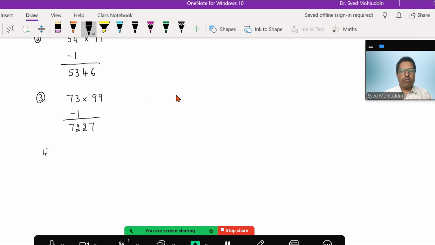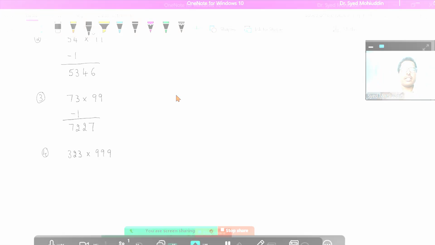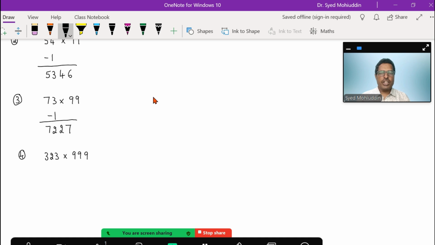Suppose if you have 3 digits, 323 multiplied by 999. Can you see over here? 3 digits is multiplied by 3 digits. What is the method? You need to subtract 1. So if you subtract 1, 323 minus 1 is how much? 322.